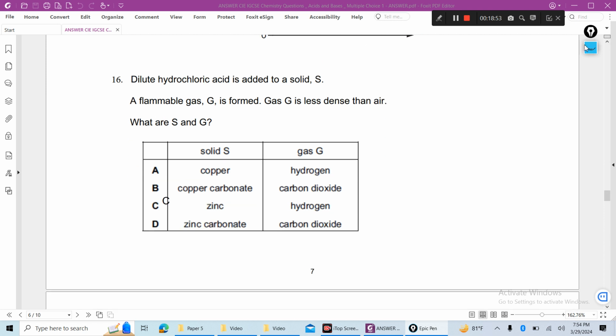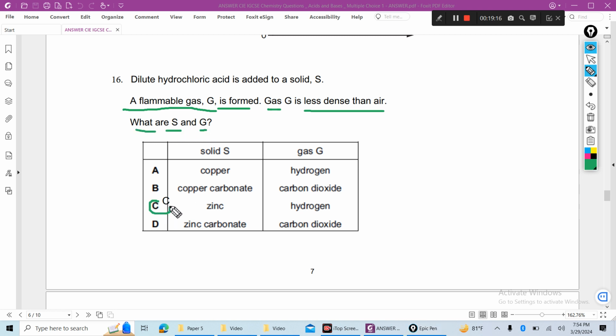Next, 16. Dilute hydrochloric acid is added to a solid S. As hydrochloric acid is added, a flammable gas G is formed. Gas G is less dense than air. What are S and G?